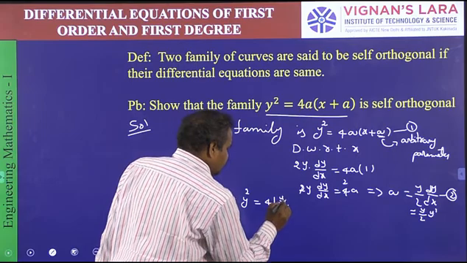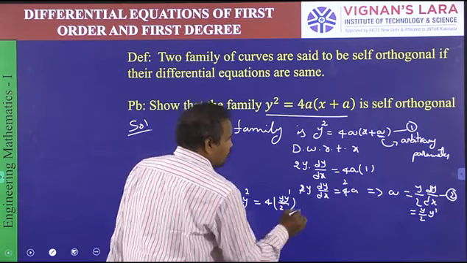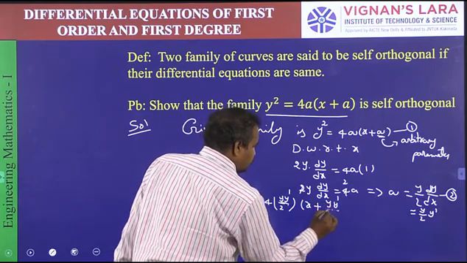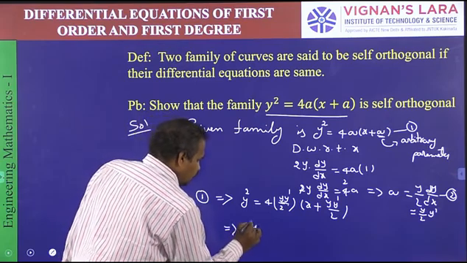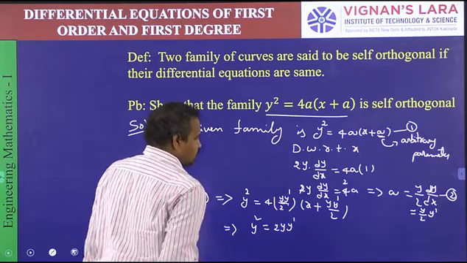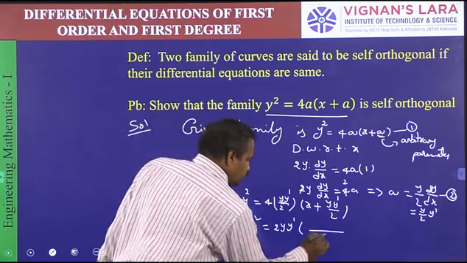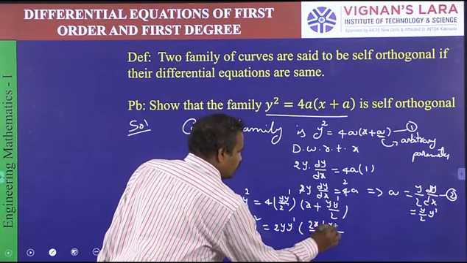So y square is equal to 4 into y dash by 2 into x plus y dash by 2. That implies y square is equal to 2 into y dash into, take LCM. What is LCM? 2. 2x plus y dash.